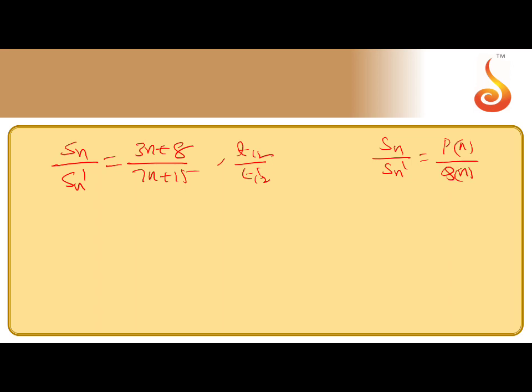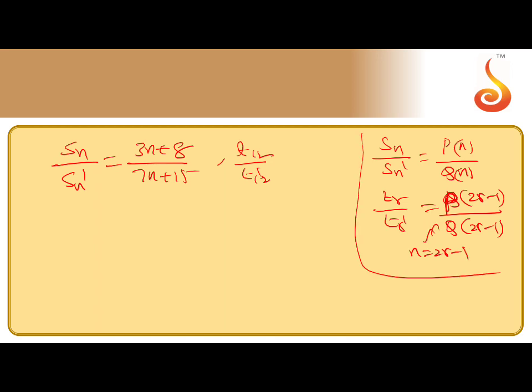So this gives it in terms of n. Look at the right side, in terms of n. So I want to find the ratio of rth terms. You can replace n by 2r minus 1 on the right side. Substitute n equal to 2r minus 1 to get the ratio of the rth terms. So we want to find the ratio of the rth terms, where r is 12 in this question.